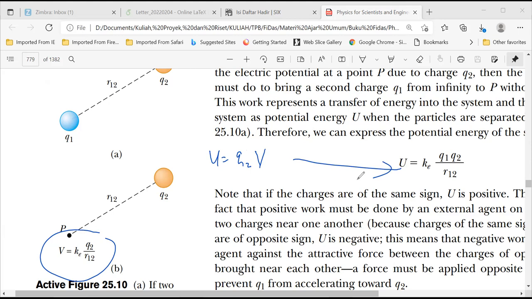This is only two charges. What about if we have three charges?